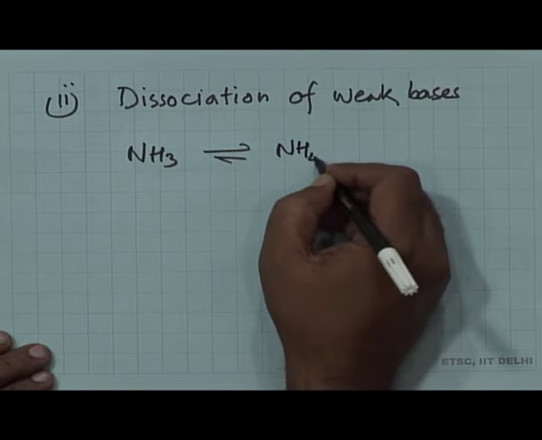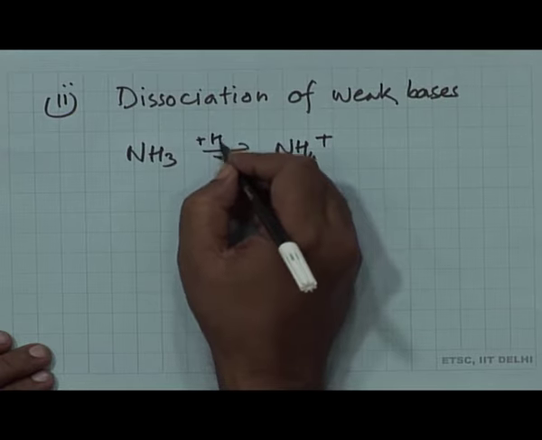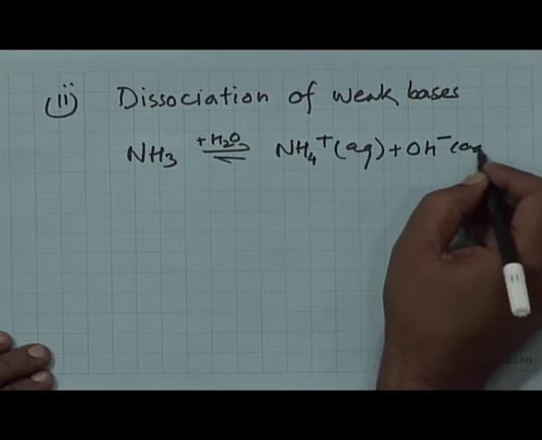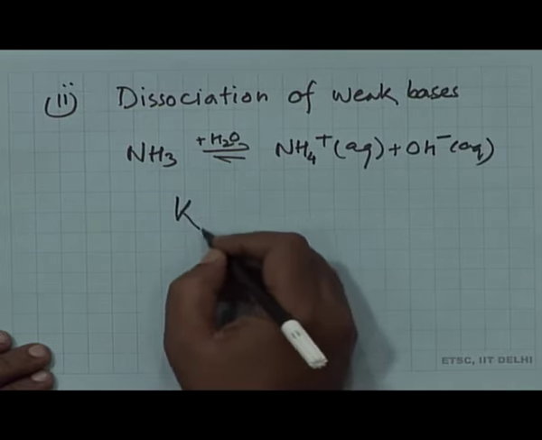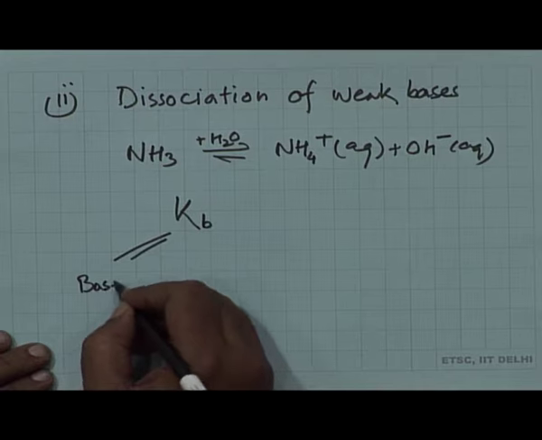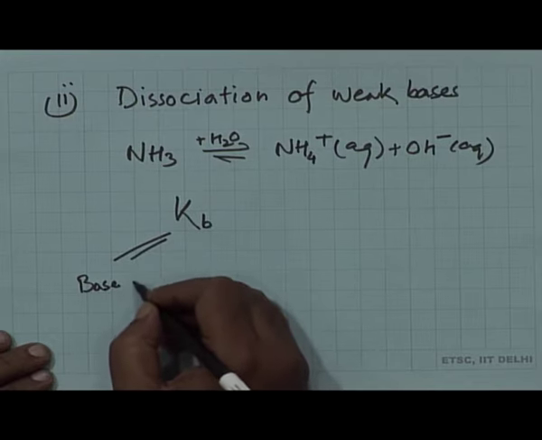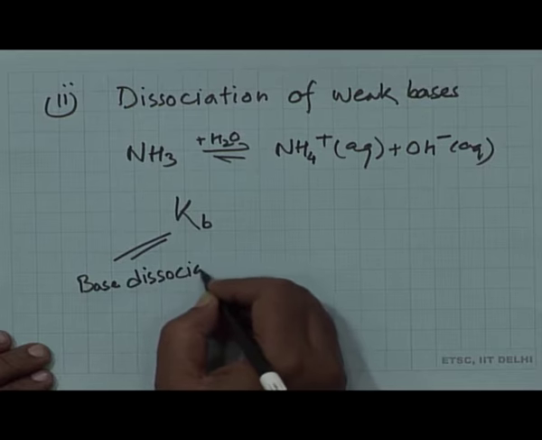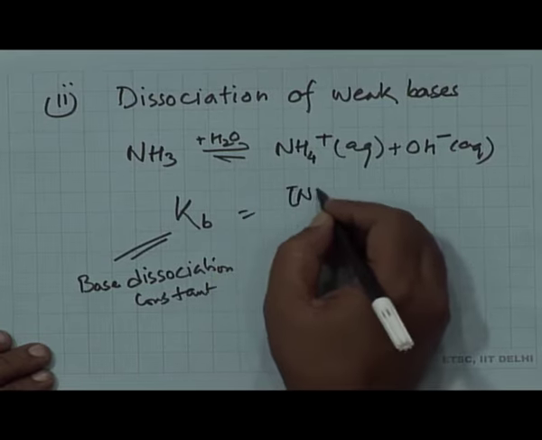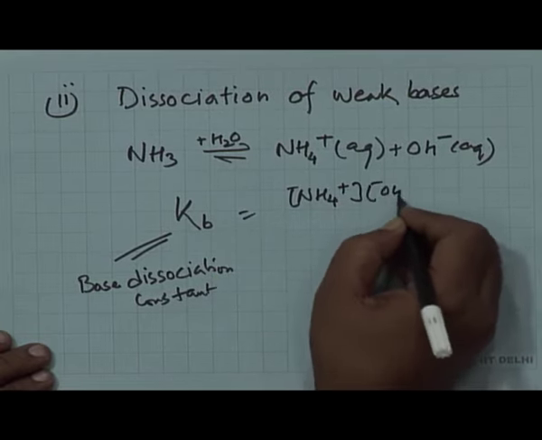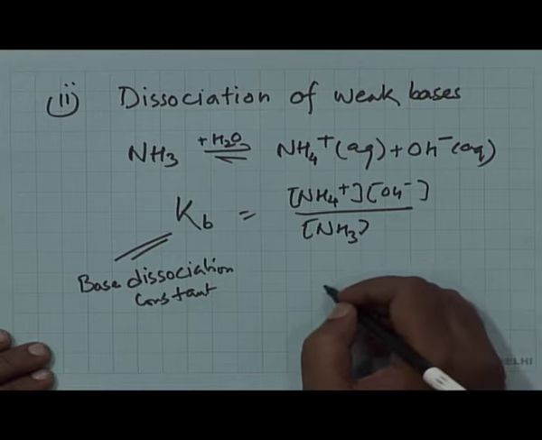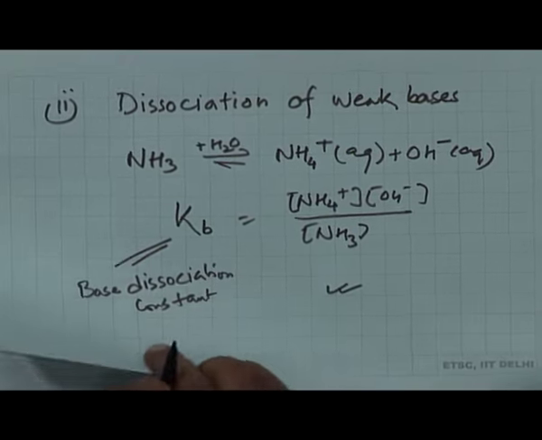In water, it will give you NH4 plus aqueous plus OH minus aqueous, and then again we can write K. Here we can say this is the base dissociation constant, and that is equal to ammonium plus OH minus divided by NH3. So, this is the way we can apply the concept of equilibrium.